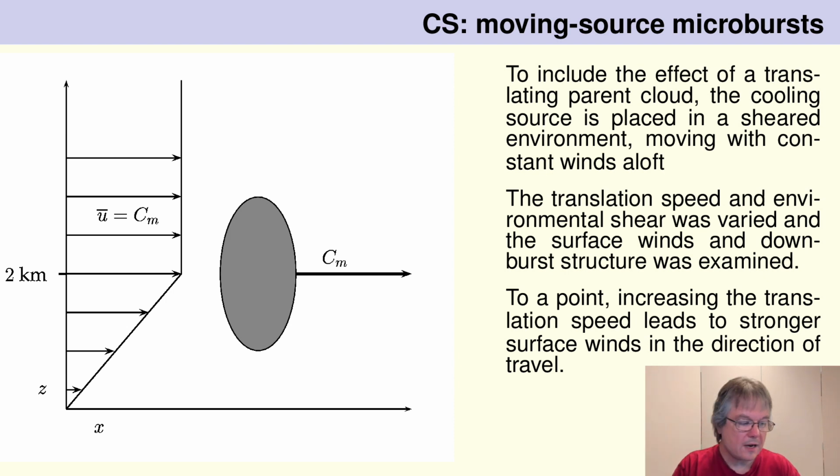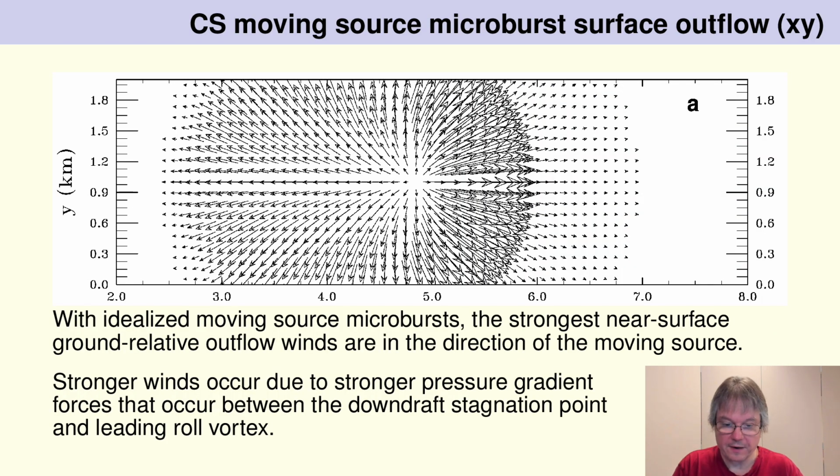So I translated the cooling source, and that led to downbursts that didn't look symmetric. And so here is an XY plot at the surface of the strongest of the winds at the surface as represented by those vectors. In this case, the microburst cooling source is moving towards the east, so it's moving towards where the arrows are the strongest.